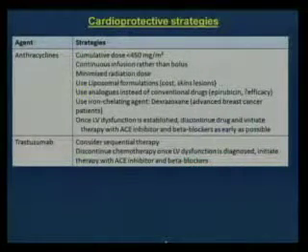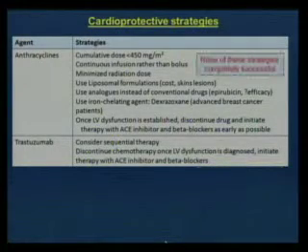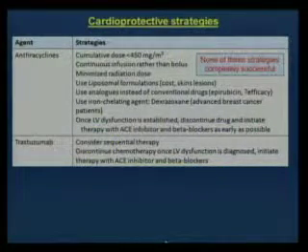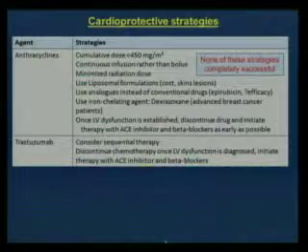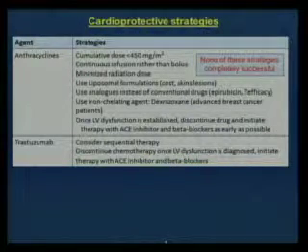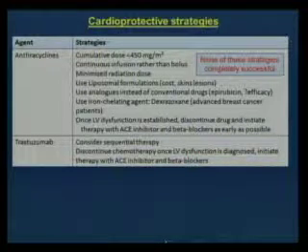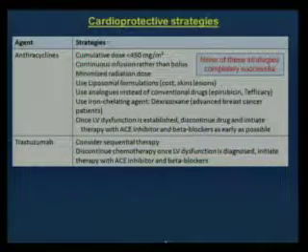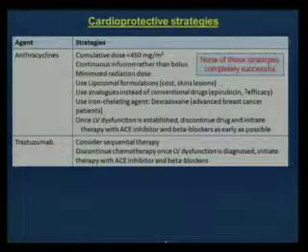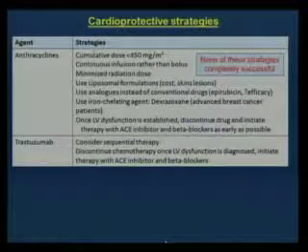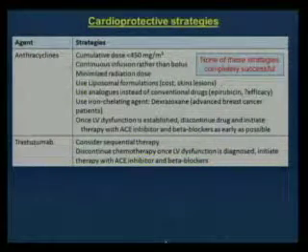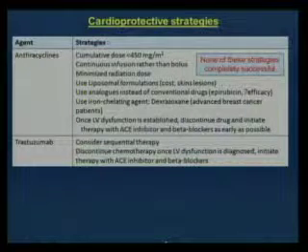So these are the few things you can do, but unfortunately, none of them is completely successful. That's a major problem. So you have to use a combination of a few things to reduce the risk. There's nothing out there that can make the risk 0%, because all of these are used in different ways in different populations, in small studies, so you cannot put them together and make a specific guideline out of that.